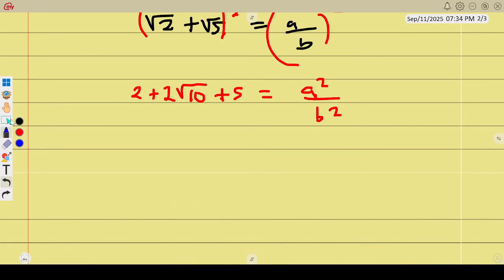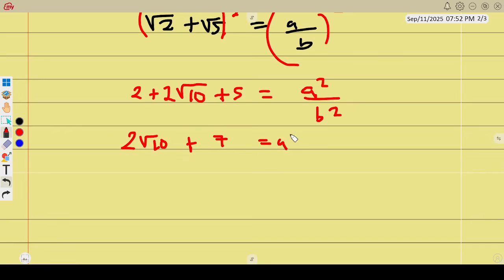Okay, so from here what do you do next? You can just simplify. We have 2 and then from here we just add. Yeah, so 2 plus 5, we know it is 7. So we have 2 root 10 plus 2 plus 5 there, it is 7.